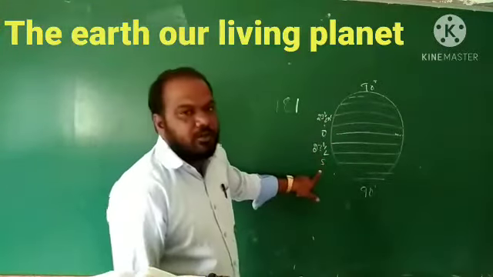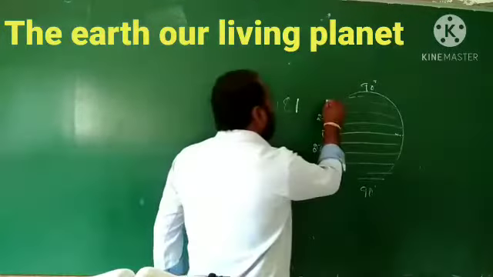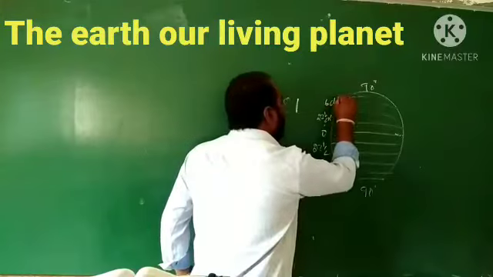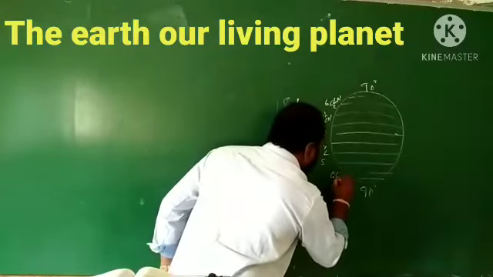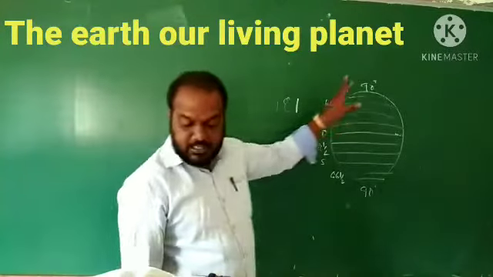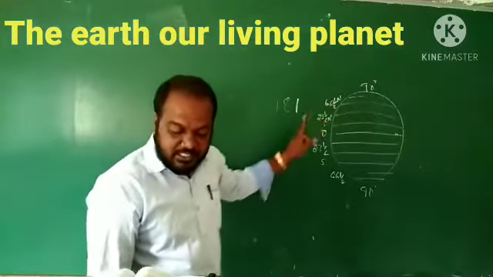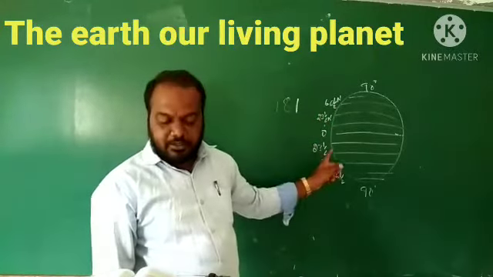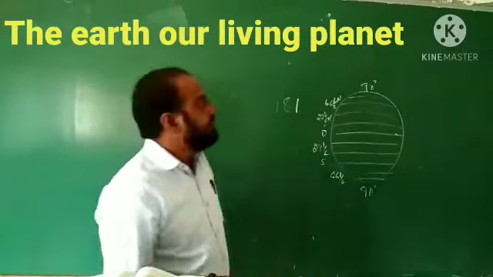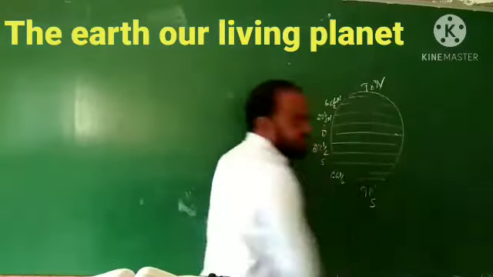The 23 and a half south is called the Tropic of Capricorn. Next, 66 and a half degrees north and 66 and a half degrees south. The 66 and a half north latitude is called the Arctic Circle. The 66 and a half south latitude is called the Antarctic Circle. 90 degree north is the north pole, 90 degree south is the south pole.